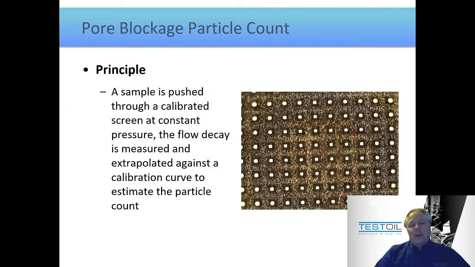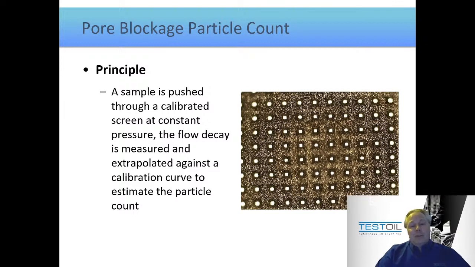So when you think about this screen, which is going to be calibrated with all identical size holes, and they're either 5, 10, or 15 microns, imagine that it's a 10 micron screen. Well, what size particle is going to resist going through the screen is probably longer than 10 microns in any one direction. But when you think about these larger than 10 micron particles not going through the screen, you have to imagine that they're not necessarily going to block a hole completely.